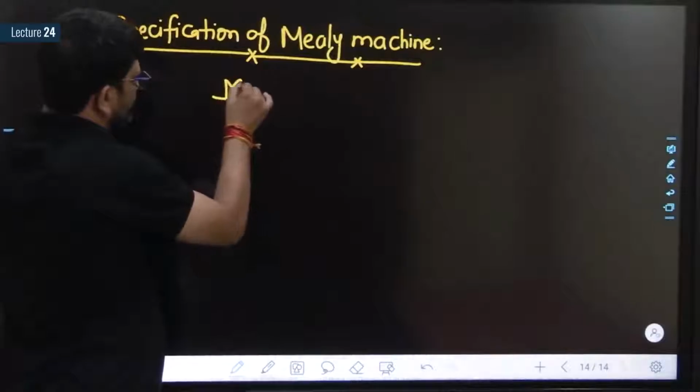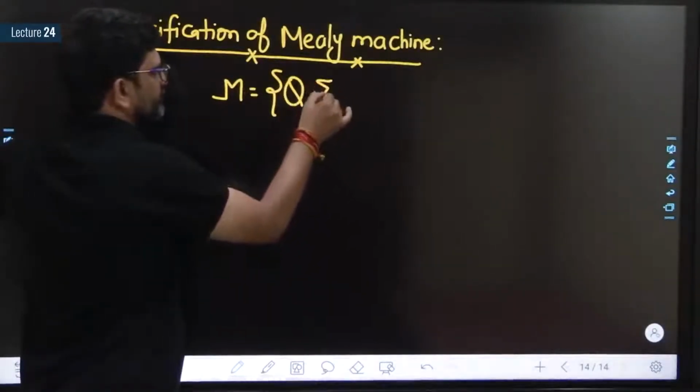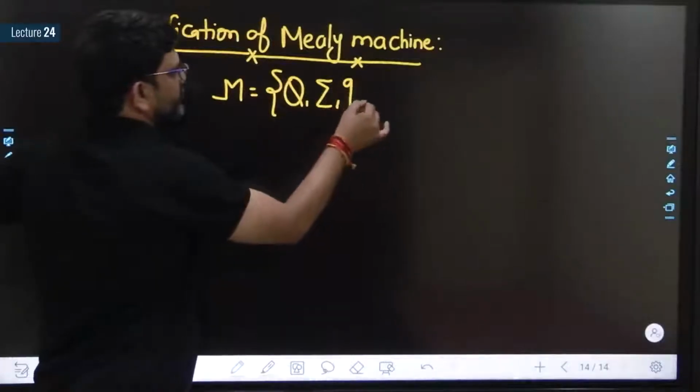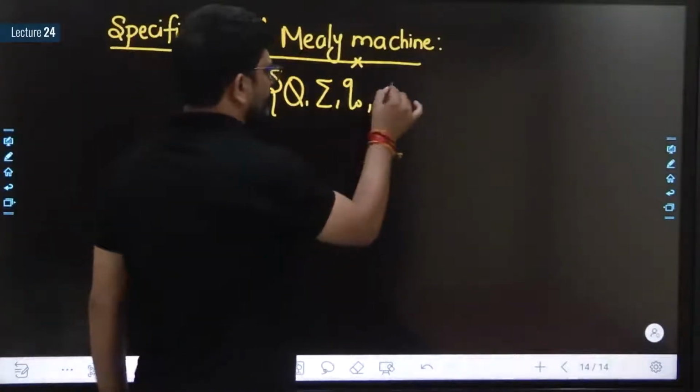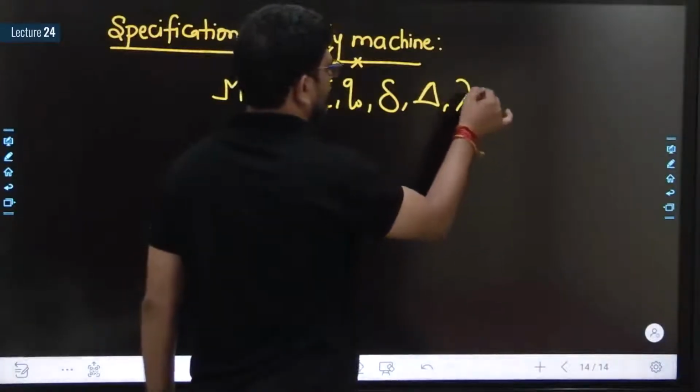Machine M contains 6 tuples: Q, sigma, Q naught, delta, and lambda.